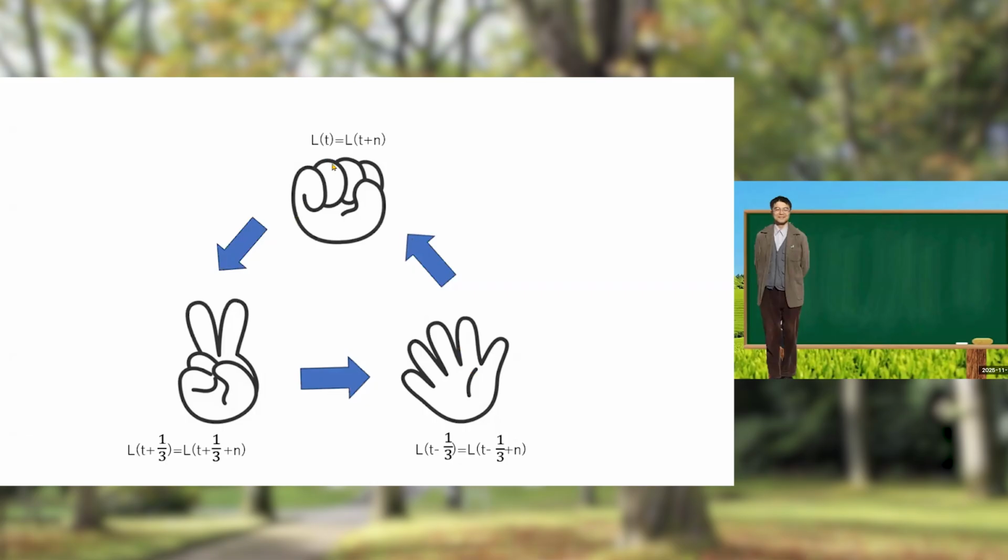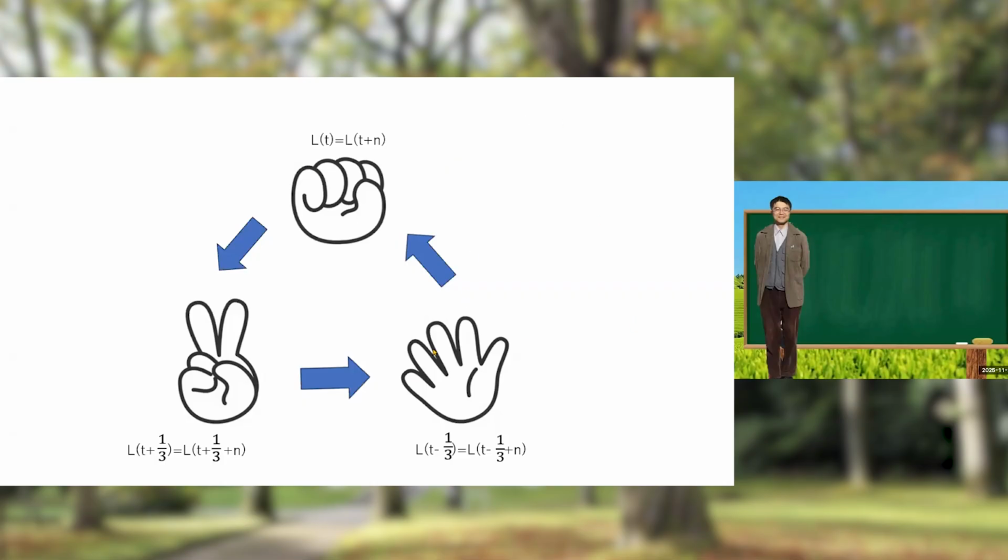We put these three bodies on the Lissajous curve, and if the rock is at time t, then scissors is at t plus 1/3, and paper at t plus 2/3, or 1 minus 1/3. But we can add any integer n, because the curve has period 1.